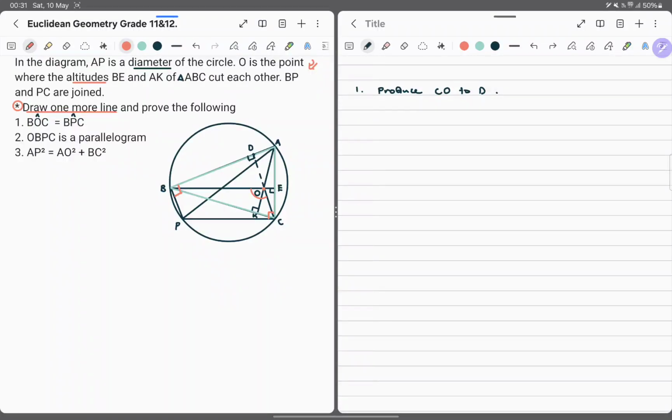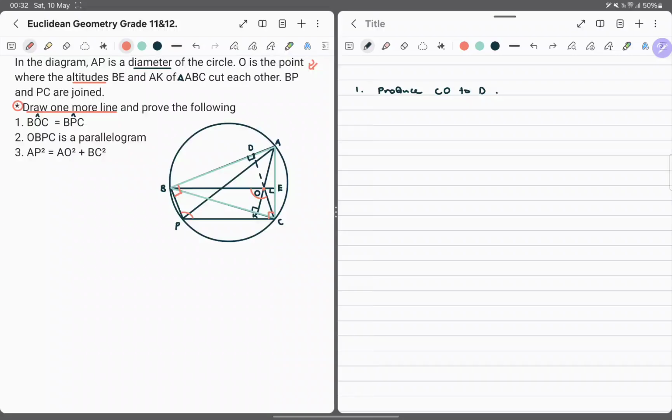BOC, we need to prove it is equal to BPC, which is this angle. Of course, if we're asked to prove it, it means they are equal. But now we need to justify this. All right. Of course, you don't want to lose this. You might as well annotate it. But remember, this is what we need to prove.